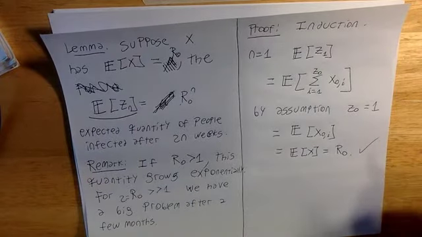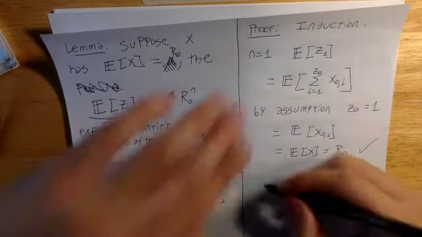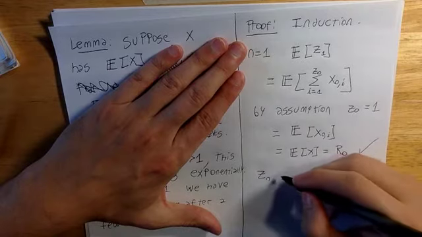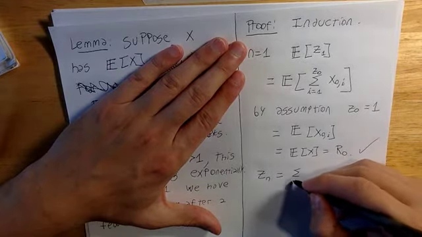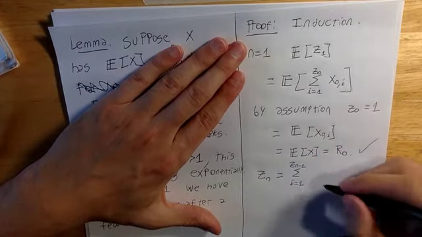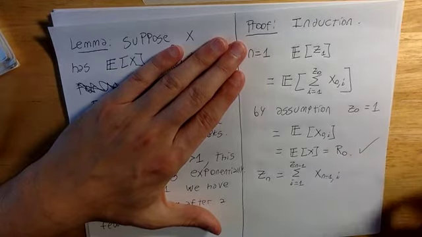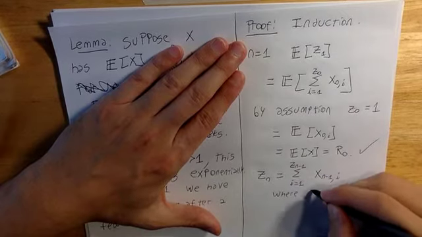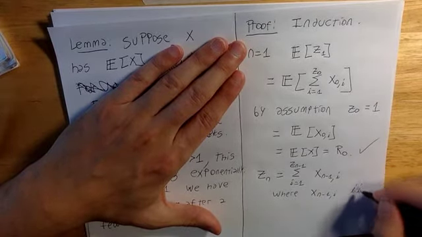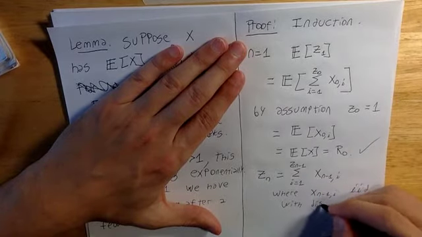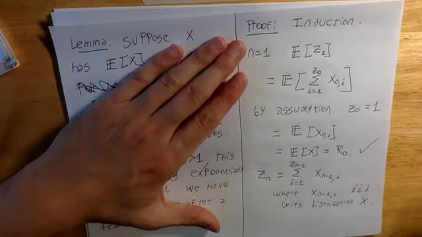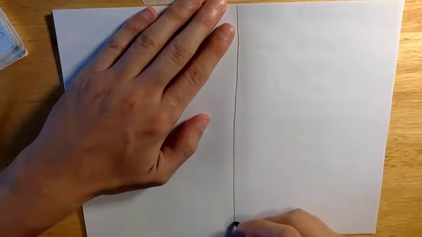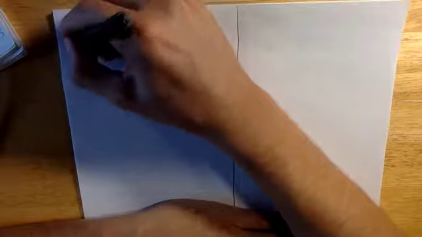So now we do it by induction. We consider Zn equal to the sum from i equals 1 up to Zn minus 1 of Xn minus 1 i, where the Xn minus 1 i are identically distributed with distribution X. All right, so then what is E of Zn?